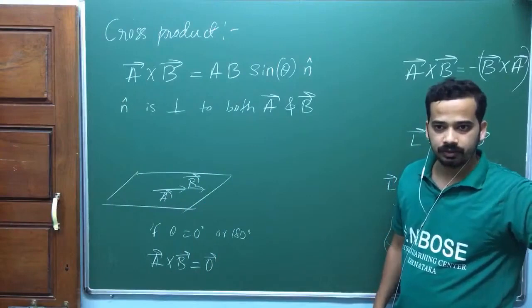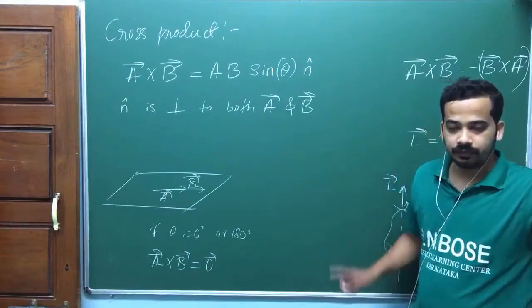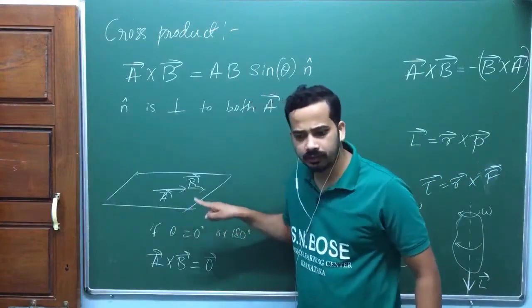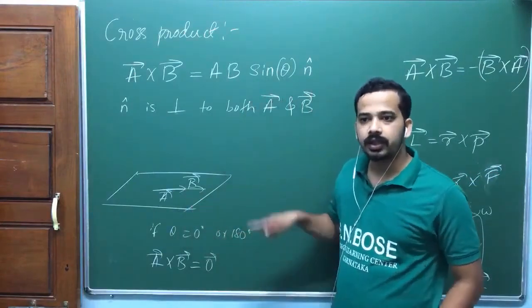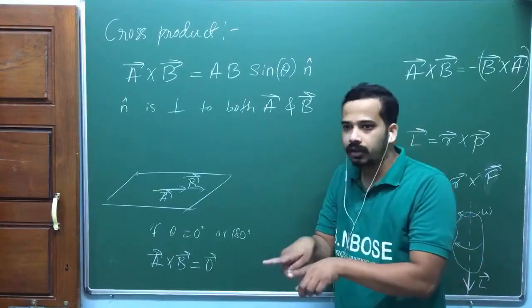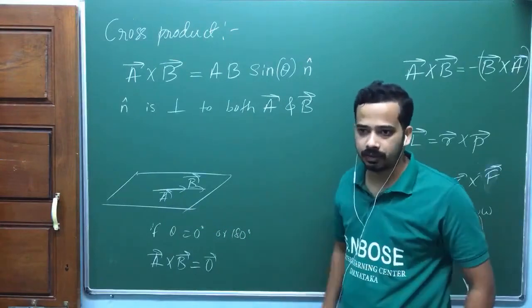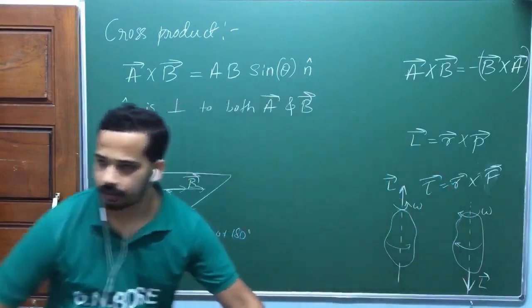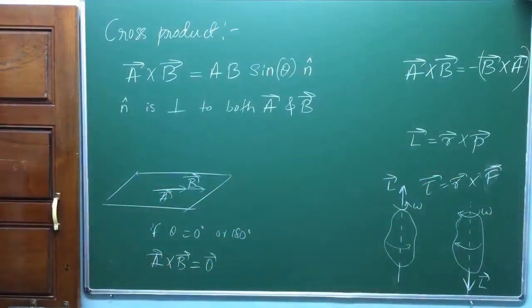If cross product vanishes, vectors are collinear. We call this a collinear vector. If cross product is non-zero, then vectors are non-collinear. They have some angle between them. So thereby, cross product is a test of whether vectors are collinear or not.